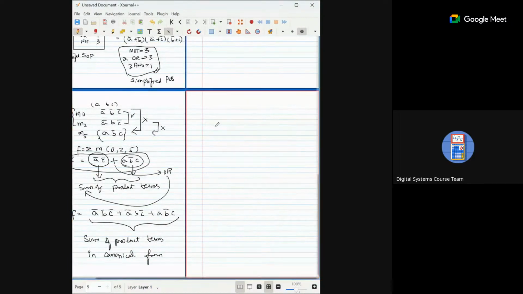Let me come back to the same expression and choose the same example, A bar C bar. I'm giving this as an example for you. Now I want to convert the simplified form to canonical form. Here I have all three variables, but here the B variable is missing.